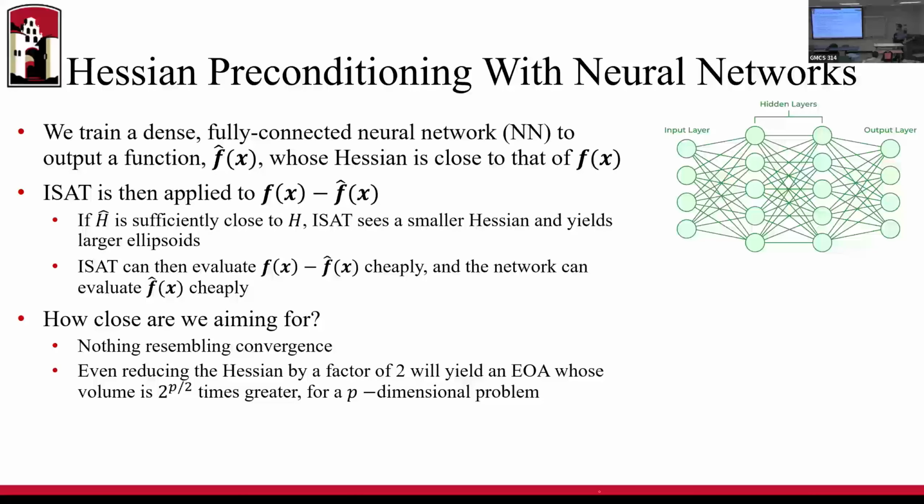So even reducing the Hessian by a factor of 2 is still going to lead to an ellipsoid of accuracy whose volume is 2 to the power of p over 2 greater for a p-dimensional problem. So obviously, in our 11-dimensional problem, if indeed the manifold was 11-dimensional, even reducing the Hessian by a factor of 2 is going to give us ellipsoids with over 32 times the volume.